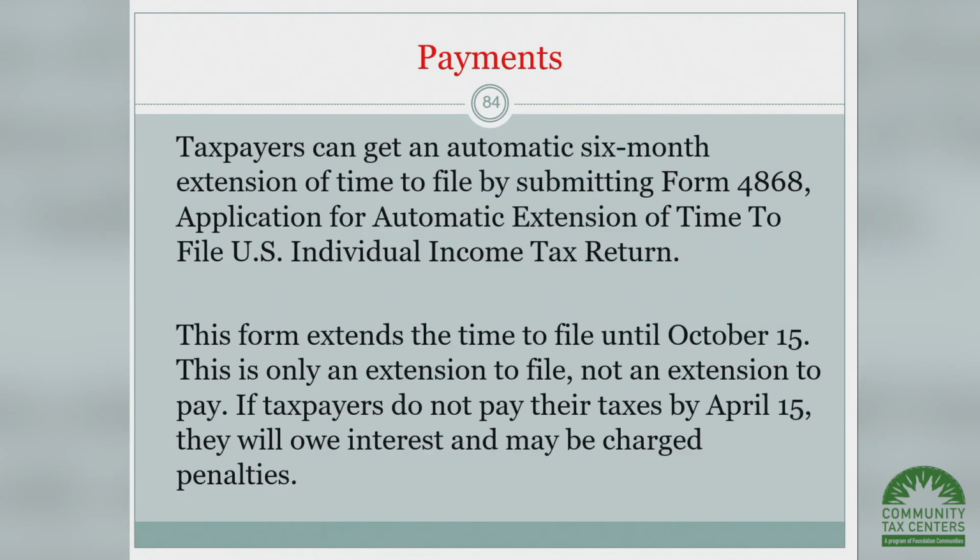Taxpayers can get an automatic 6 months extension of time to file by submitting a 4868 application. We will do these both electronically and via mail. We usually start giving these out starting the last week of the season. We'll start handing them out saying you've got to mail this in by a certain time, or we can actually electronically file these.